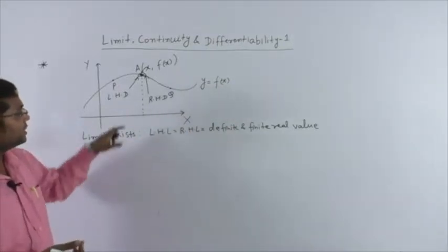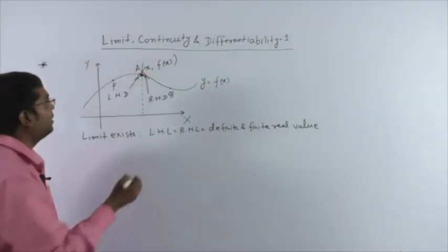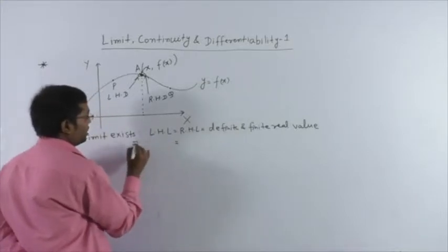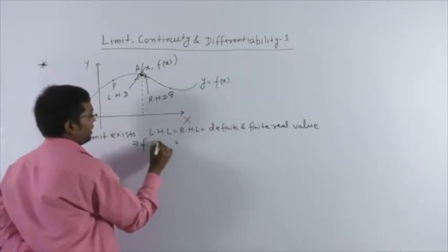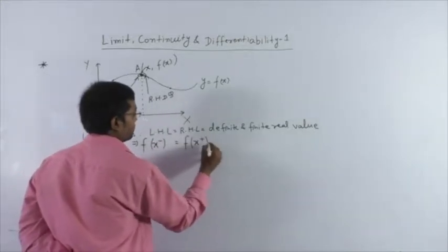Okay, this is the case where the function was defined at x. Here the limit will be equal to the left hand limit. We also write it as f(x minus), and the right hand limit we write as f(x plus).